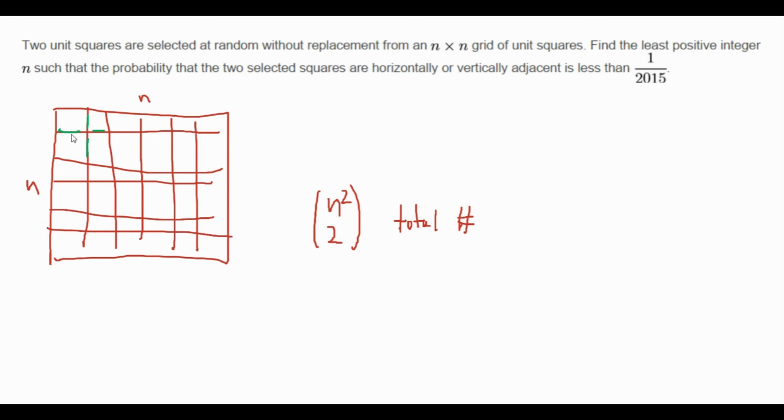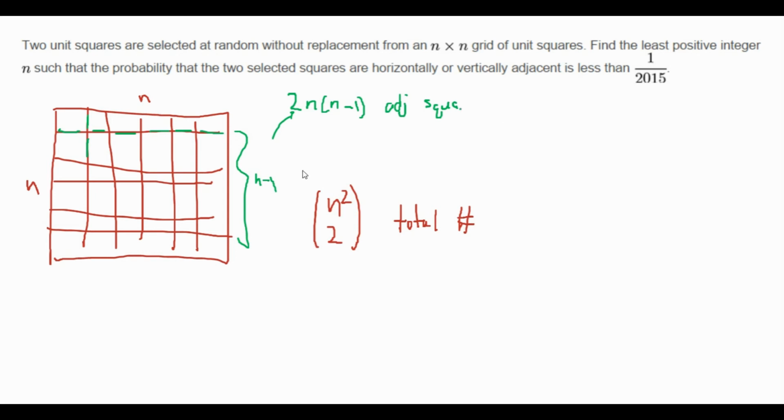For example, for the number of horizontal edges, well, each row has n minus 1 edges, and there are n rows, which gives a total of n times n minus 1 horizontal edges. And since the same is true for vertical, we have a total of 2n times n minus 1 ways to choose adjacent squares.